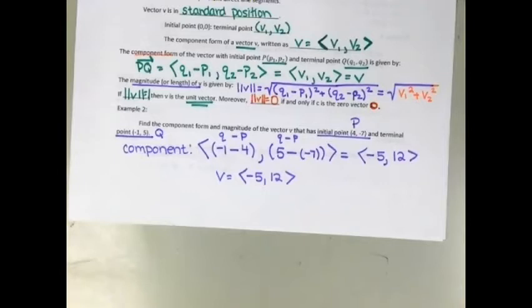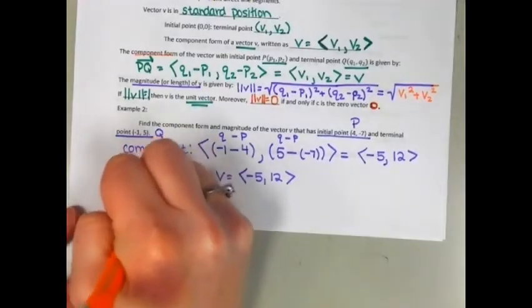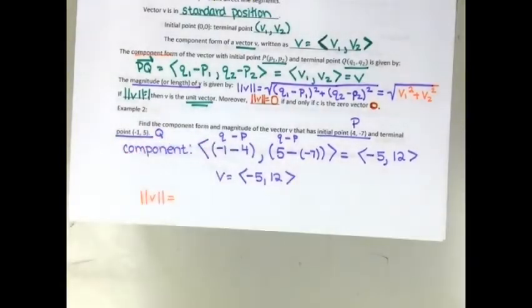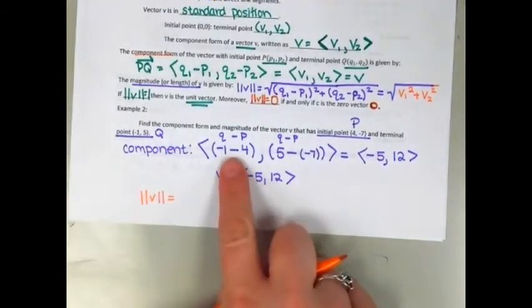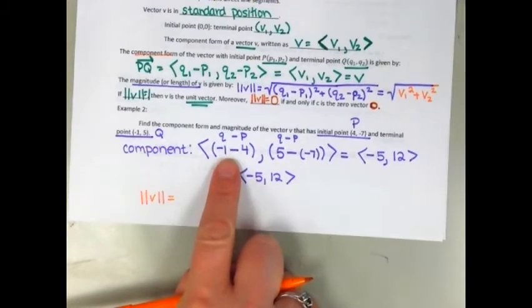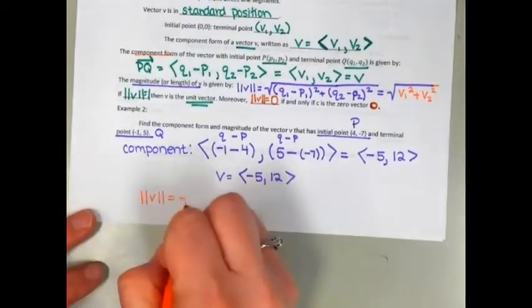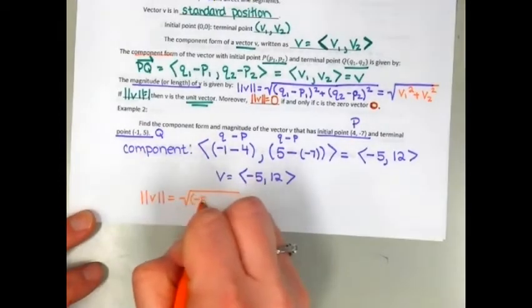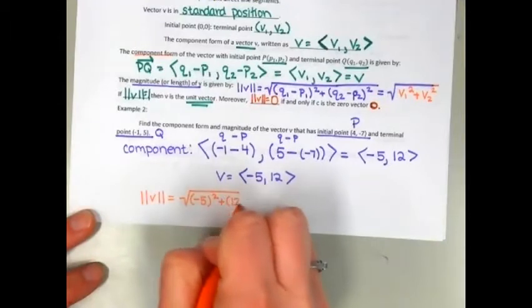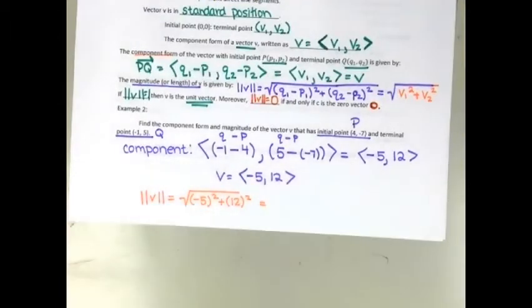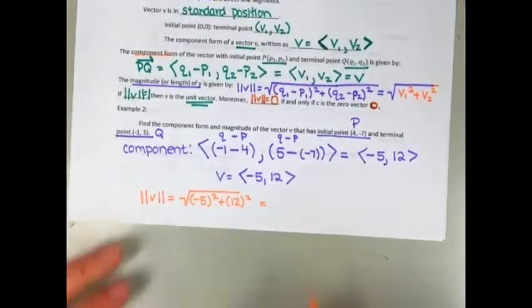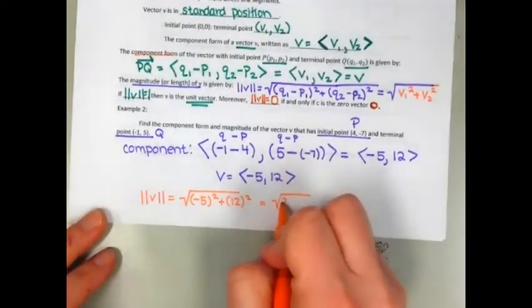Now, from here, can I find my magnitude? Yeah. Magnitude is our distance formula. I could have done Q minus P, then squared it, but isn't that the same thing as my component vector? So couldn't I just take the square root of -5 squared plus 12 squared? So what is -5 squared? 25.